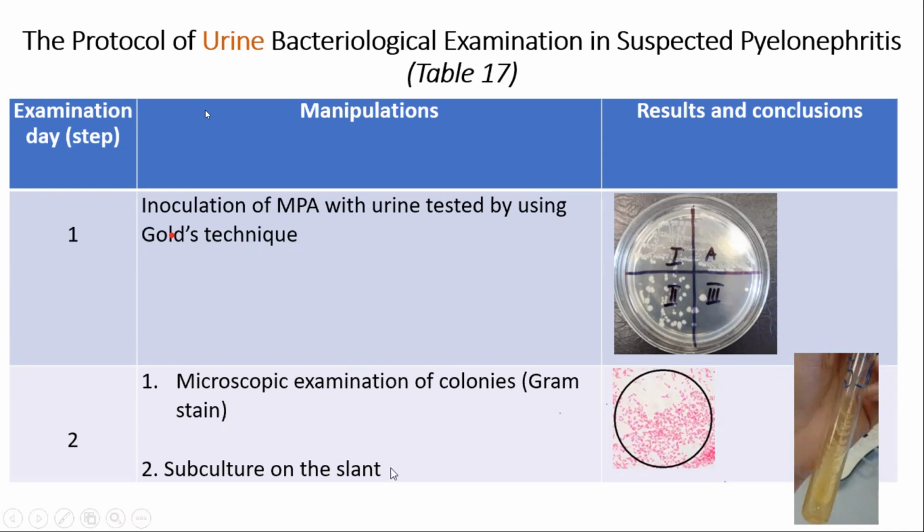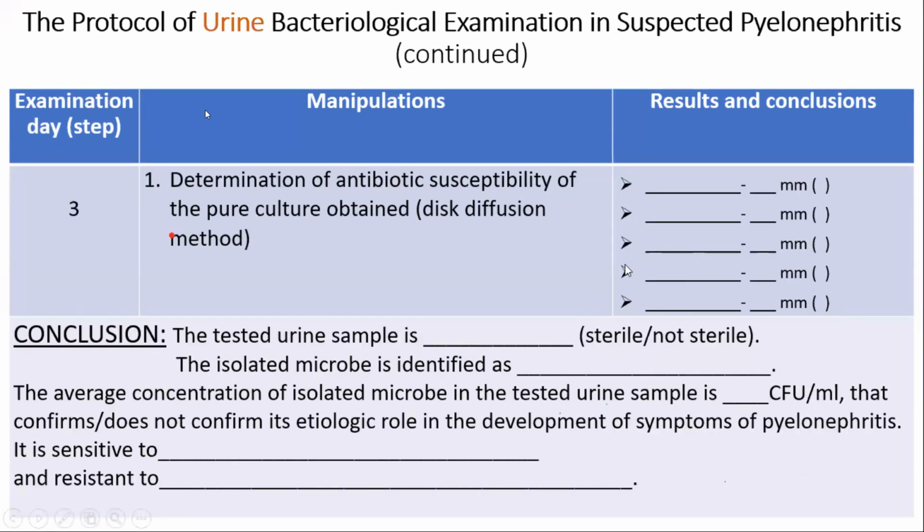Then subculture on the slant goes. You can see growth on the slanted surface of MPA. Pure culture growth. You can see uniform colonies, right? And then step 3 is determination of the antibiogram.